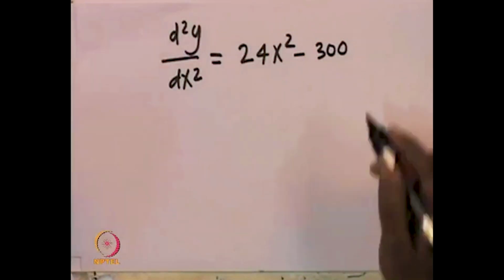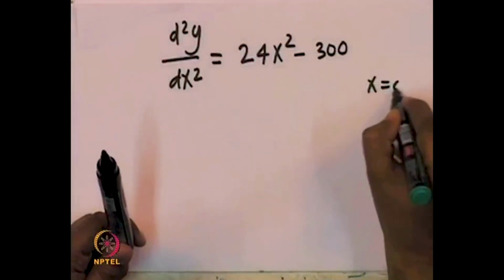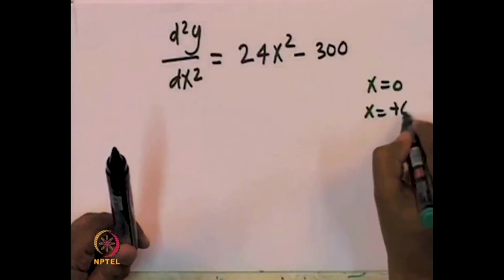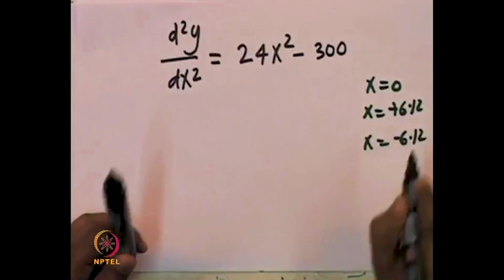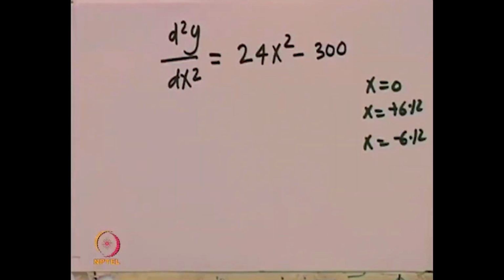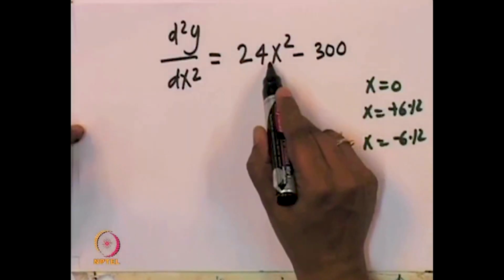Now the 3 points where you have maximum or minimum are x equal to 0, x equal to plus 6.12, x equal to minus 6.12. Let us first put x equal to 0 here.